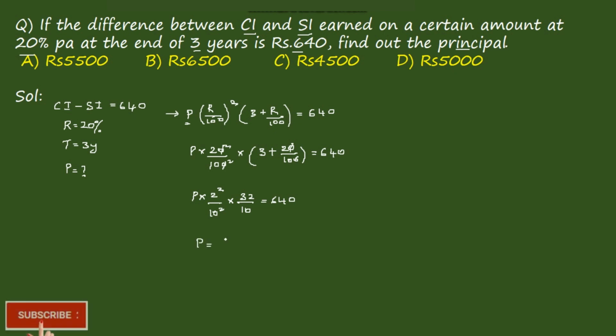P is equal to 640 into 10 square into 10 by 2 square, 4, into 32. The 32 on one side goes, so it becomes 20, and one side goes 1 and 5, which is equal to 5,000. So the principal value is 5,000. So the answer is option D.